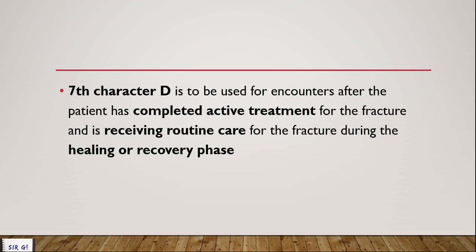A common example is the patient coming in for a cast change. Because the active treatment is already completed, the patient is now just receiving routine care, like a cast change.